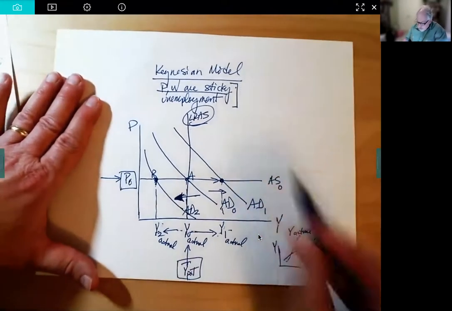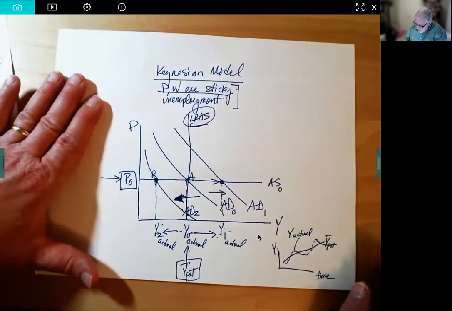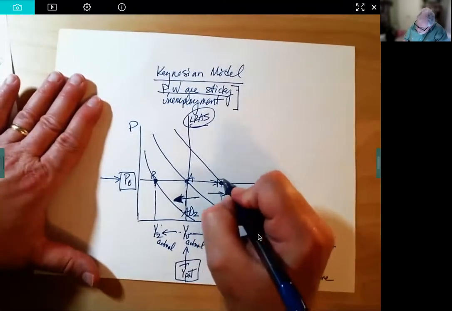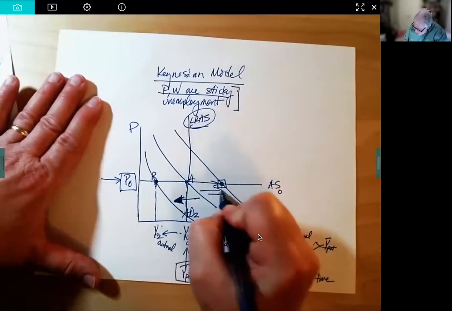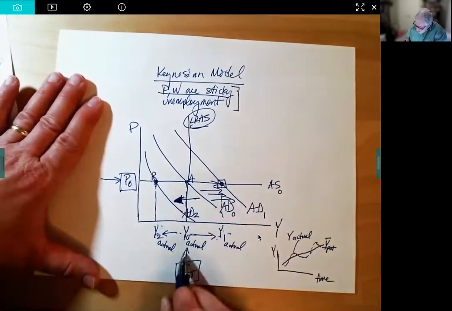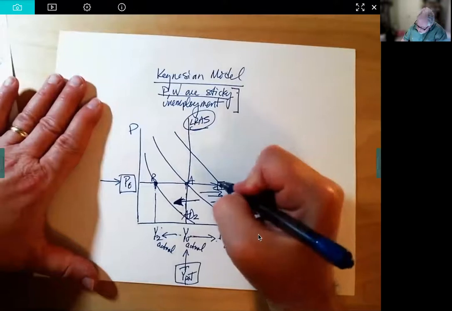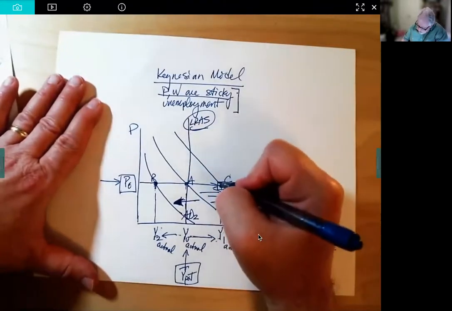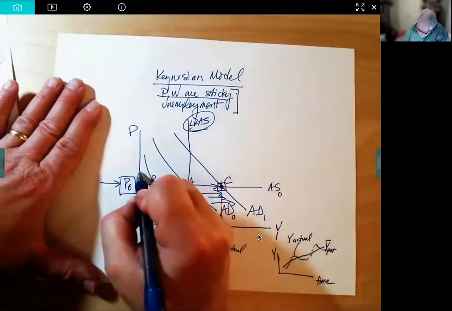Now, the Keynesians would say, well, okay, maybe that's true. And over time, let's say that there's a big push in aggregate demand that pushes us beyond potential GDP. So we're out here, greater than potential GDP. And what's going to happen over time is that the price level is going to rise.